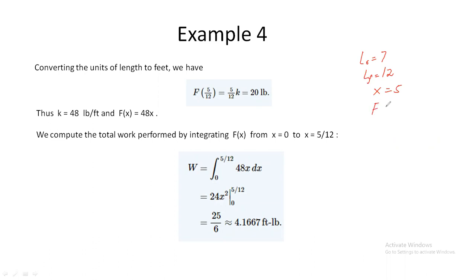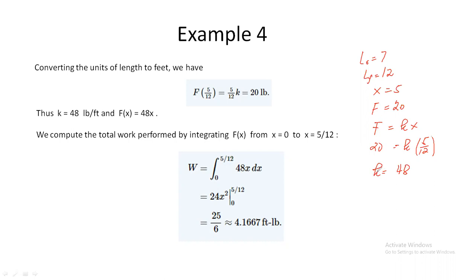The force is 20. So if your formula is F equal to Kx, and you intend to find the K, you substitute 20 for the force, you still have K here, and the x will be 5. However, we convert it in feet, because if it's English, it should be in feet and pound force. That is why your K here is equal to 48.